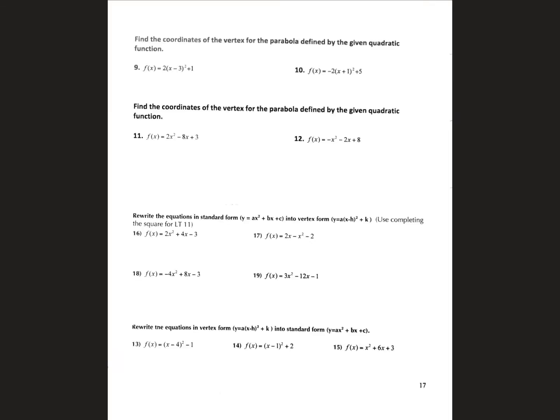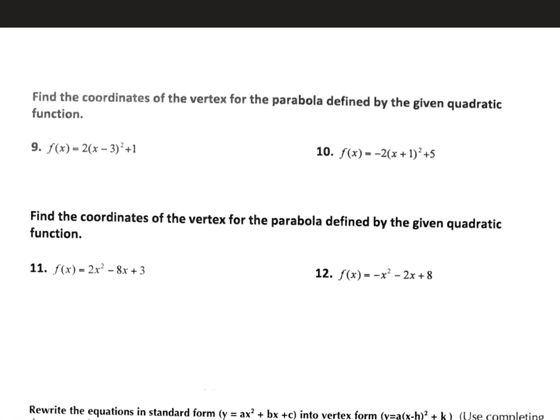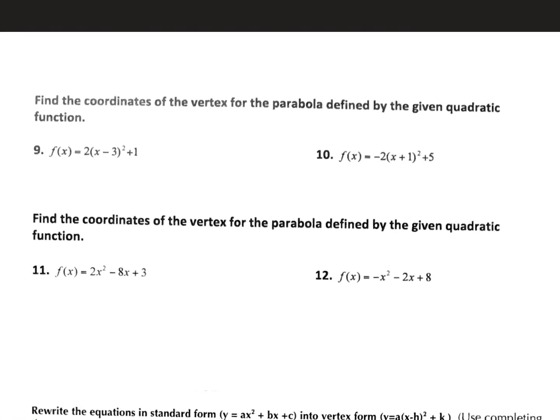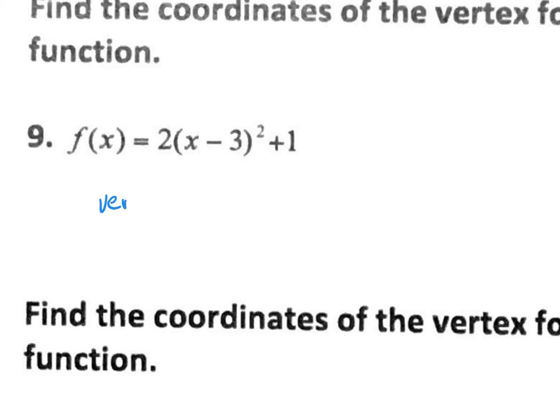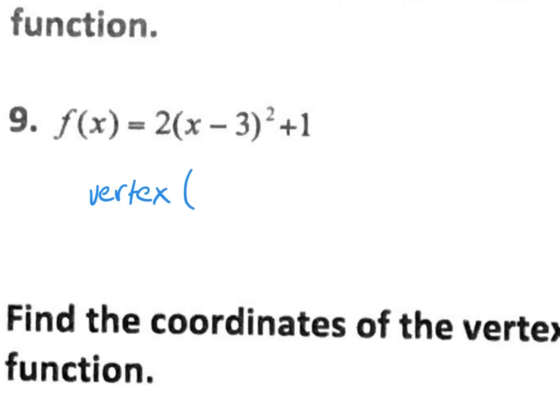Here we go. Let's look at these. Find the coordinates of the vertex for the parabola. What kind of form are 9 and 10 already in? It's already in vertex form. So let's do both of these together, guys. What is the vertex right here for number 9? 3, comma, perfect.